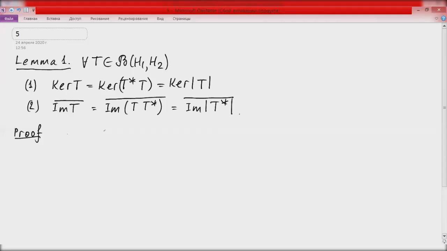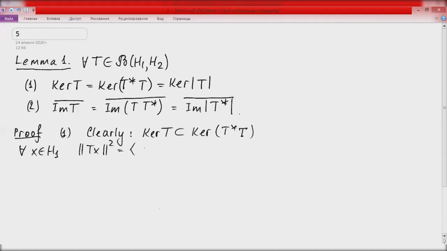Well, to prove part 1, we first observe that it's clear that the kernel of T is contained in the kernel of T star T. Obviously, if T annihilates a vector, then T star T also annihilates this same vector. Now, to get the opposite conclusion, we observe that for each element x in H1, the norm of Tx squared is, by definition, the inner product of Tx by itself.